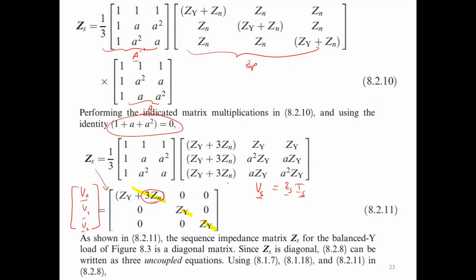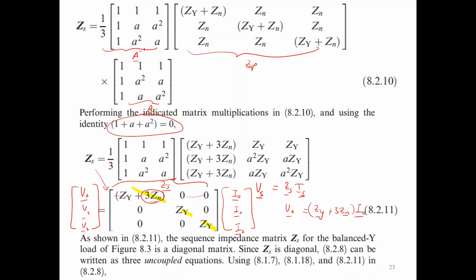On the right side, this guy here is CS, and this is I0, I1, I2. If you multiply this row by this column, V0 is Cy plus 3 times Cn, multiplied by I0.